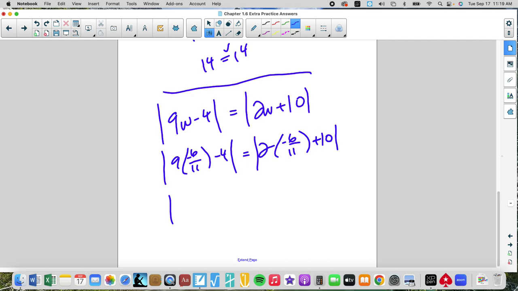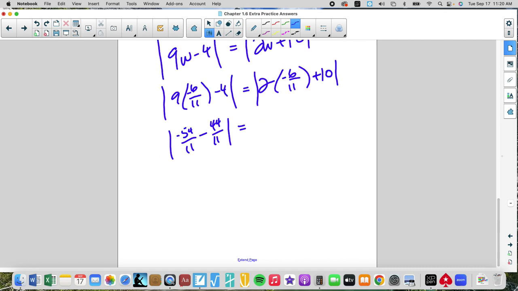So that's going to give me negative 54/11, and we're going to minus 44/11. I just found a common denominator real quick. And negative 54 minus 44 is negative 98/11. Absolute value of negative 98/11 is 98/11.